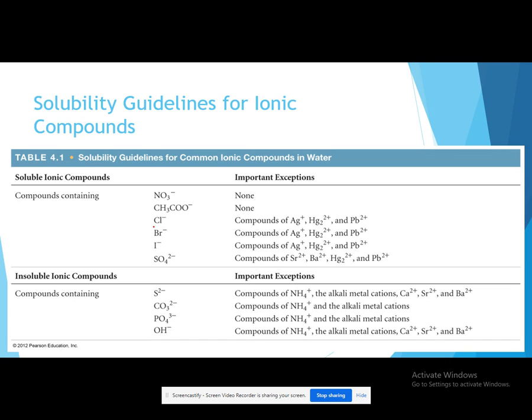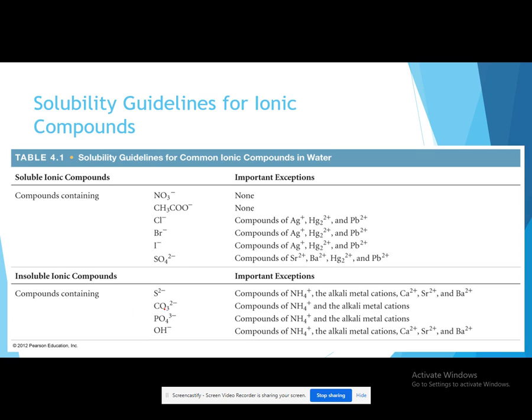However, chlorine: if it contains chlorine, it will be soluble unless the chlorine is attached to silver, mercury, or lead. If it's attached to any one of these three elements, it automatically flips and goes straight to become insoluble. Same thing for down here.